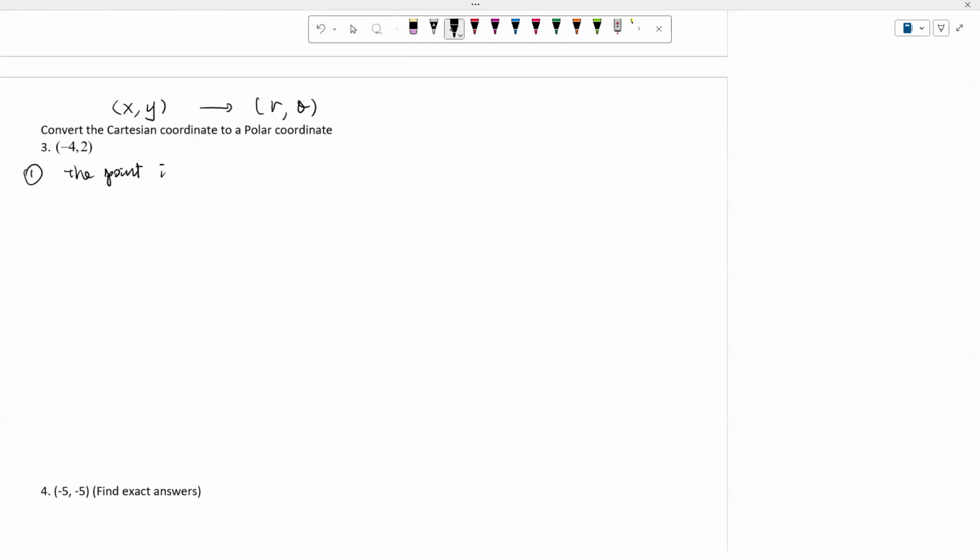Okay, if it is in quadrant 1, 2, 3, or 4. Okay.